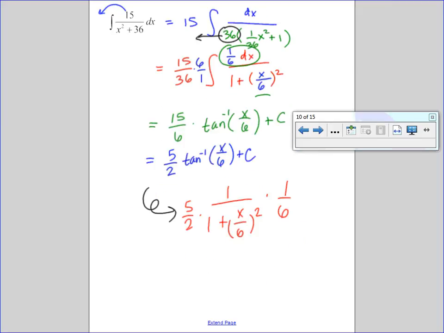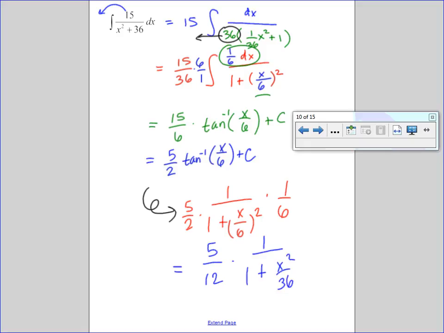That in turn equals 5, uh-oh, that's not good. 5/12. Yes, 5/12 times 1 plus x squared over 36. Yes?